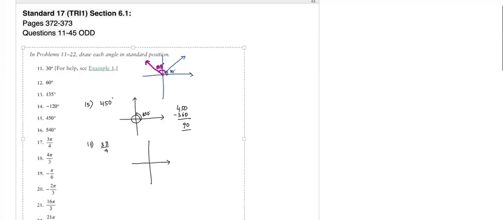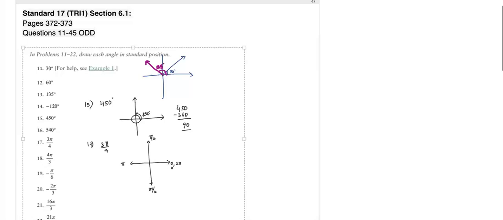Now it is starting at 0 radians, and then when it hits here, it is going to be pi over 2 radians, and then this is going to be pi, and then this is 3 pi over 2 radians, and then it is going to go back to 2 pi, right? But my denominator is 4. So I want to convert everything to a denominator of 4. 0 is still 0, nothing changes.